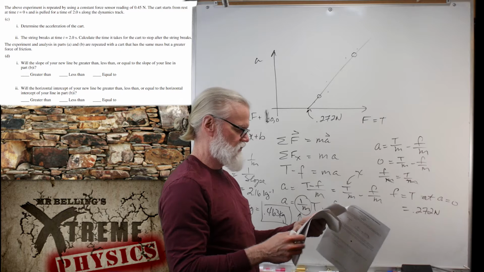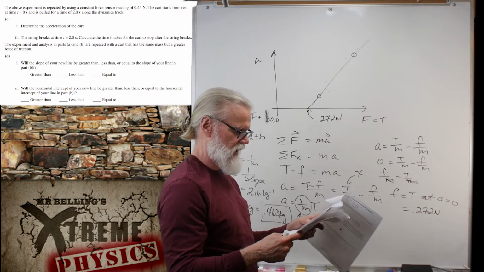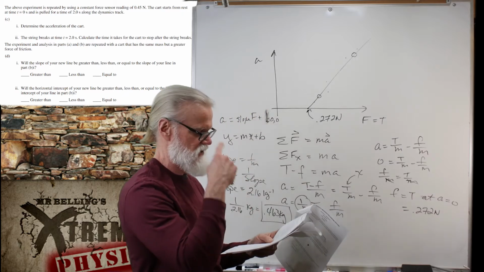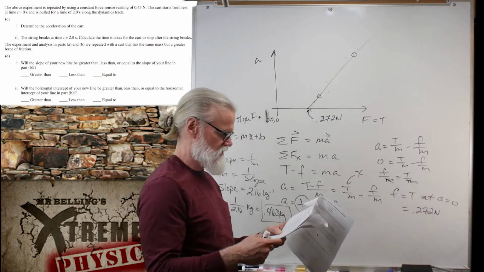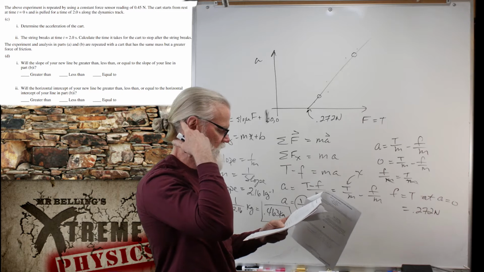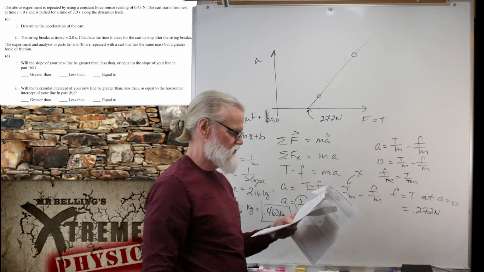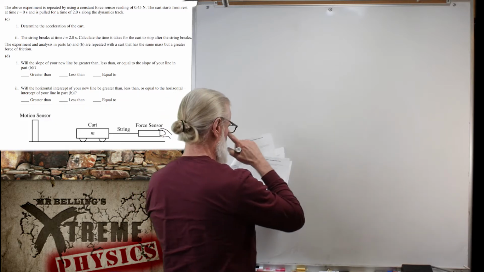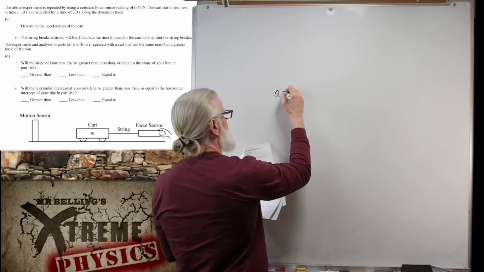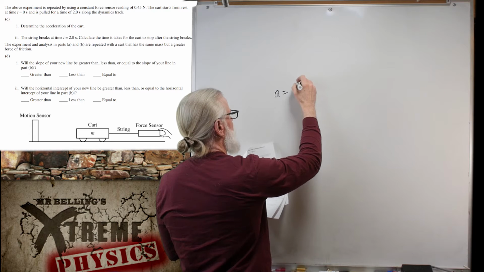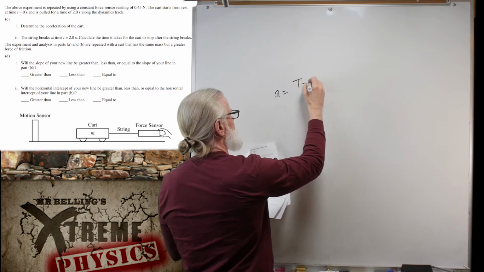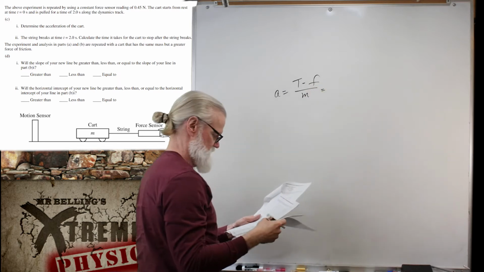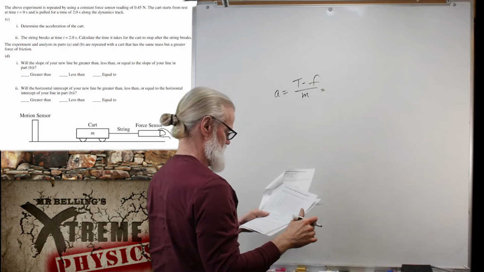The above experiment is repeated by using a constant force sensor reading of 0.45 newtons. The cart starts from rest at time t equals 0 and is pulled for a time 2 seconds along the dynamics track. Determine the acceleration of the cart. Okay, acceleration equals F net, which is, of course, the tension minus the friction divided by the mass.